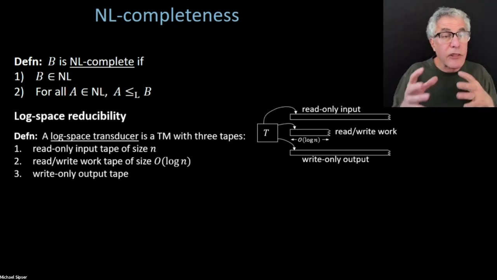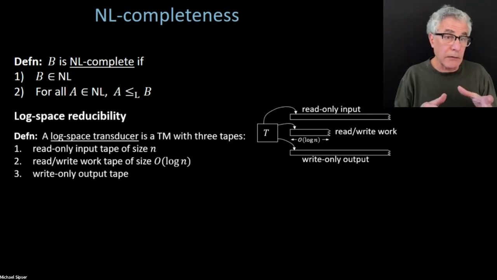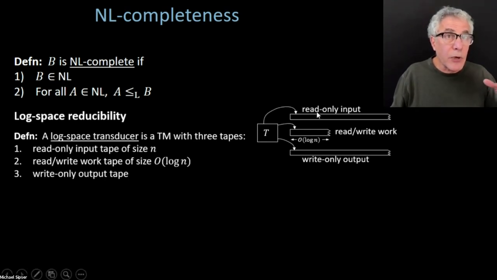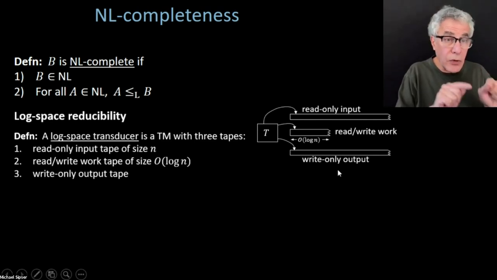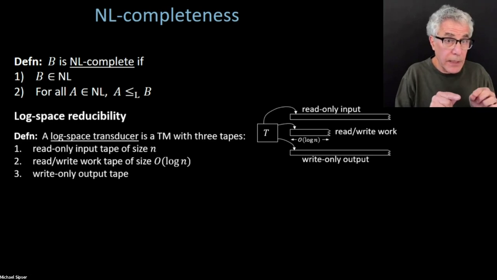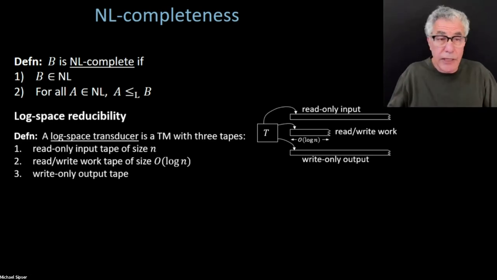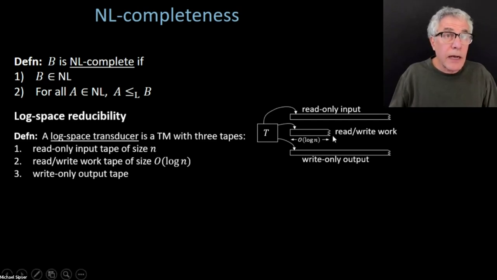So we're going to have a 3-tape model, where the input is read-only, the output is write-only. It's like a printer. It's something you can only write on, but you can't read back, because otherwise you could cheat by using the output as a kind of storage. And then you have your storage area, which is your read-write work tape.